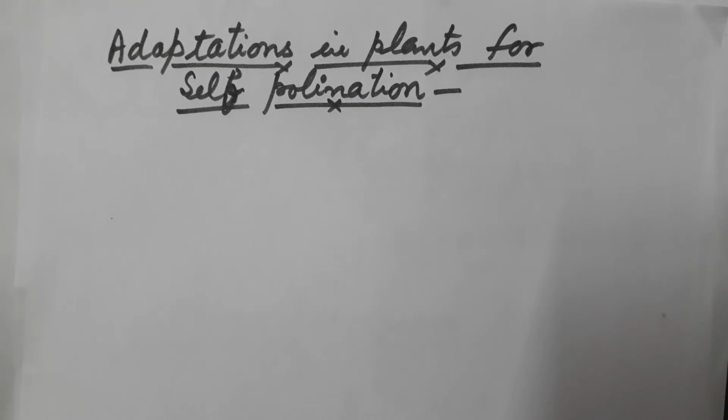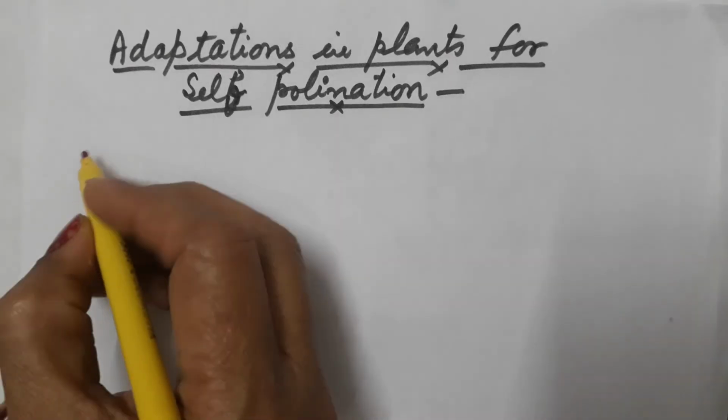The first adaptation we observe in self-pollinating plants is homogamy. What is homogamy?